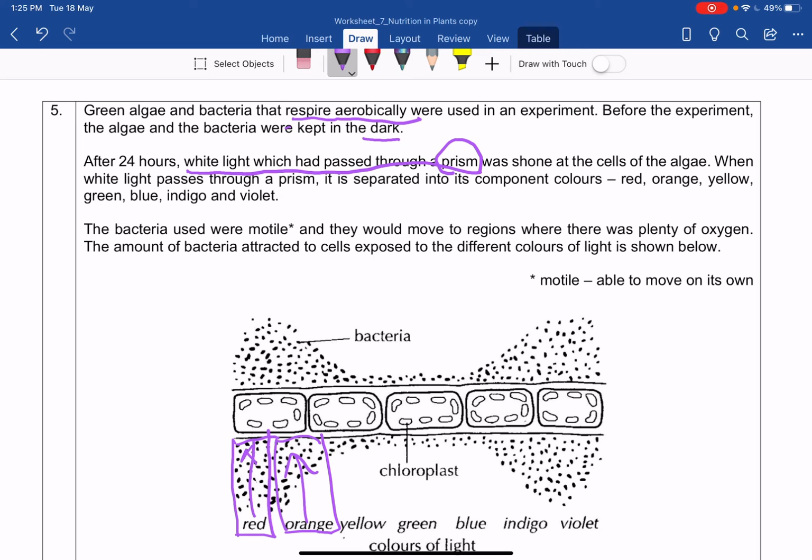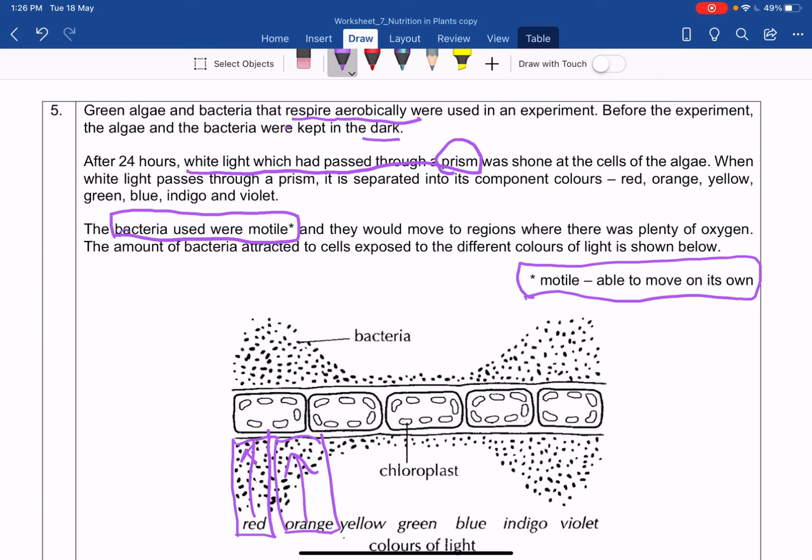You'll realize that the colors that we see are because things reflect that light. Green leaves appear green because they reflect green light, but they absorb all the other light rays. The bacteria, as informed here, are motile, and the definition of motile is given here, meaning that they will move.